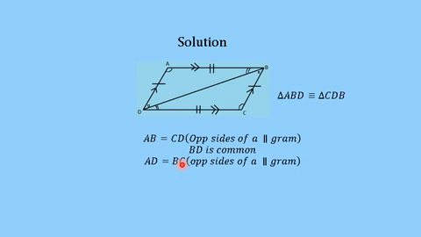AD equals to BC, opposite sides of a parallelogram. Now we conclude that triangle ABD is congruent to triangle CDB, side, side, side. You can even use the corresponding sides together with corresponding angles to prove that triangle ABD is congruent to triangle CDB.